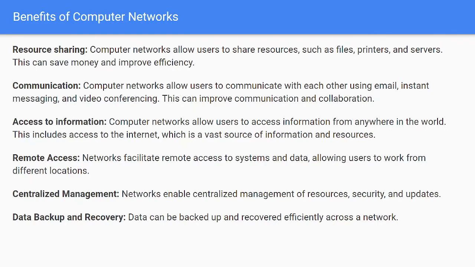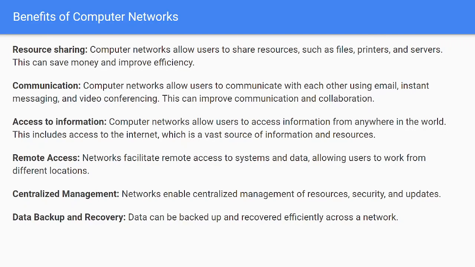Then number two is communication. Computer networks allow users to communicate with each other via email, via instant messaging, things like WhatsApp, IG, Twitter, and via video conferencing. I remember during the COVID period, almost everybody was using Google Meet, Zoom, and all those video conferencing applications.